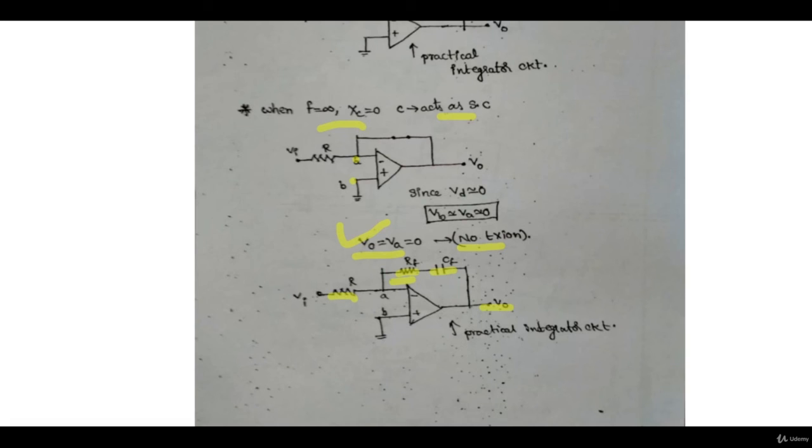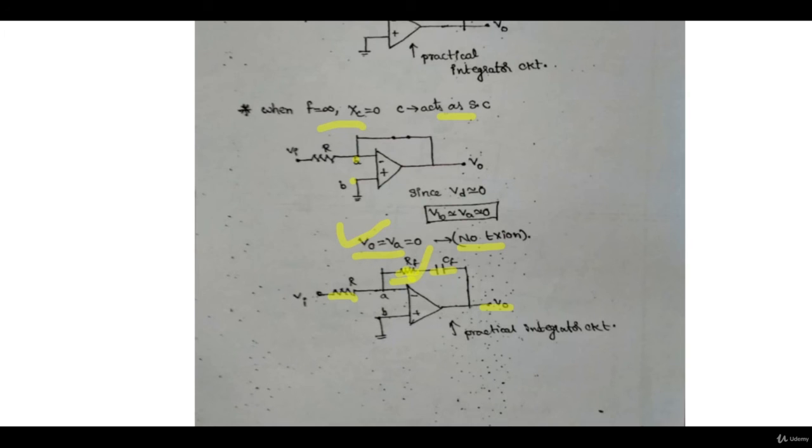So in both cases you can have a finite gain if you connect a resistor in parallel or in series with the capacitor. But it is fine even if you do not connect a resistor here, no issues, since anyway we want zero gain at high frequency, as the integrator behaves as a low pass circuit.